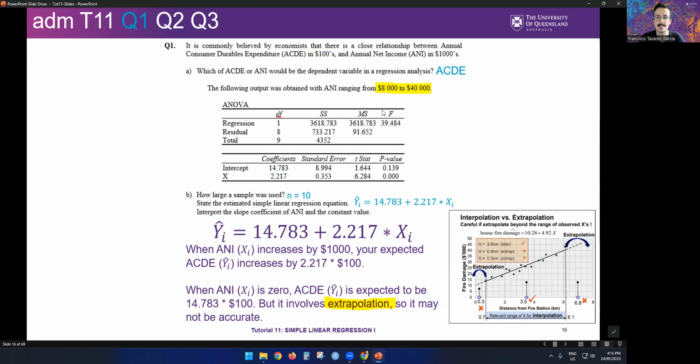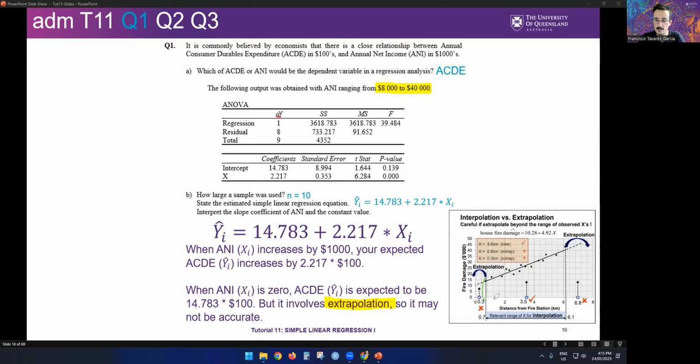These data and these coefficients were calculated considering people with incomes between $8,000 and $40,000. Let me annotate.